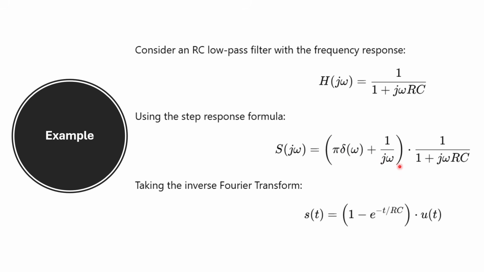Multiply both and then take it back into the time domain using the inverse Fourier transform. The result will be 1 minus e to the power minus t by RC. So this is the final unit step response of the RC low pass filter, having the frequency response of 1 over 1 plus j omega RC, right?